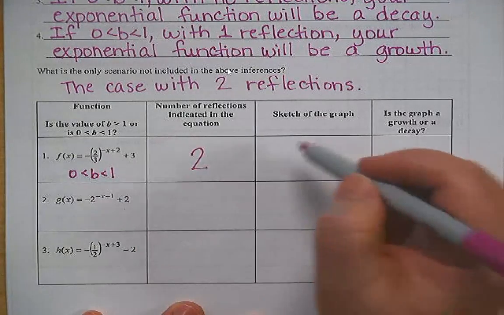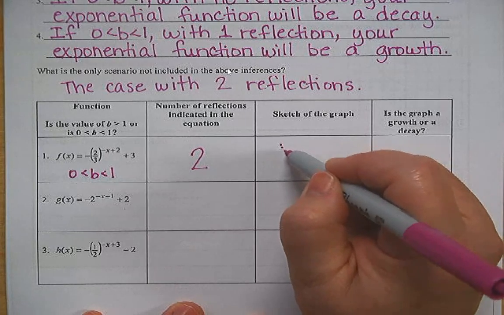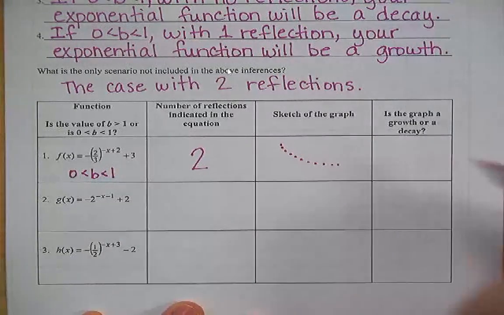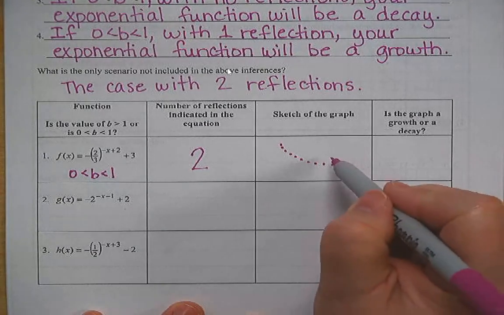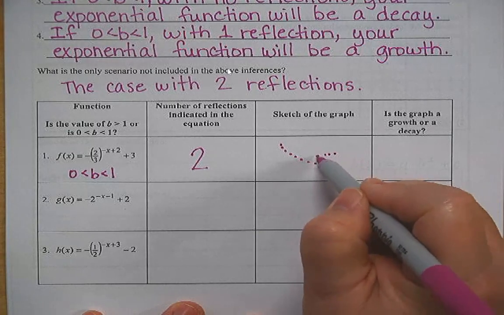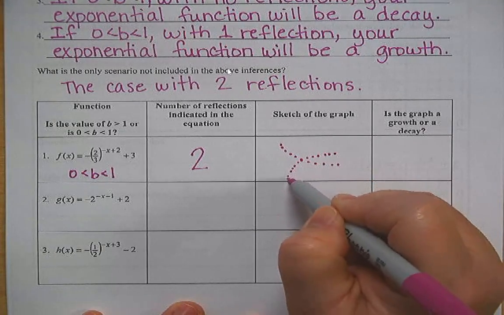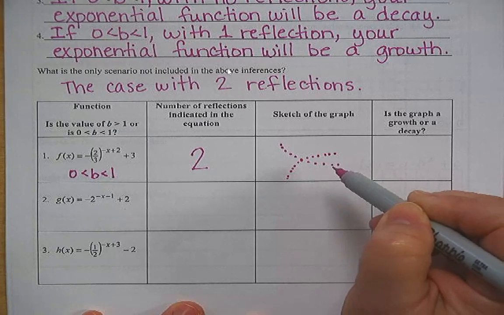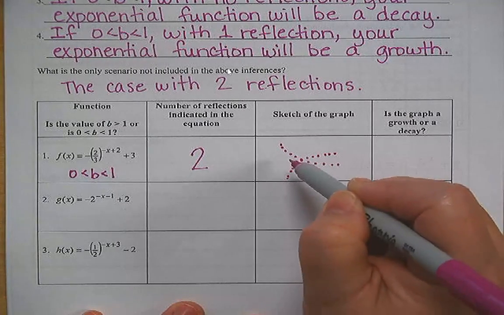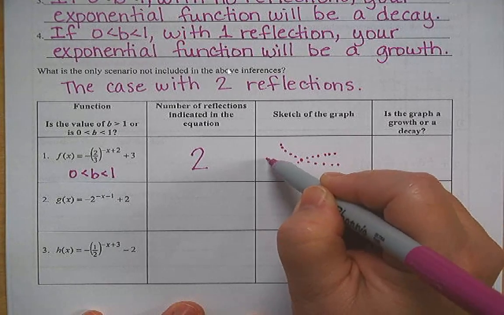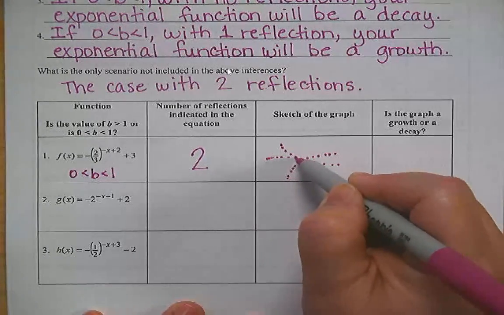Again, the 2/3 would indicate that we have a decay, something going down. If we reflect it over the x-axis, it's going to flip upside down. And then if we further take that and flip it across the y-axis, now it's going to look like this.